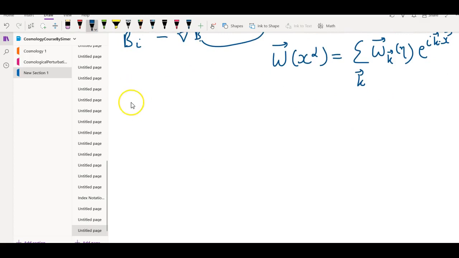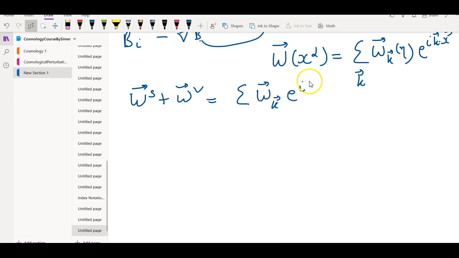Now, what is vector W? This is basically a scalar plus vector part. I mean, this is a curl-free part, and this is a divergence-free part, which we have seen in the previous videos, is equal to W_k e^{ikx}.